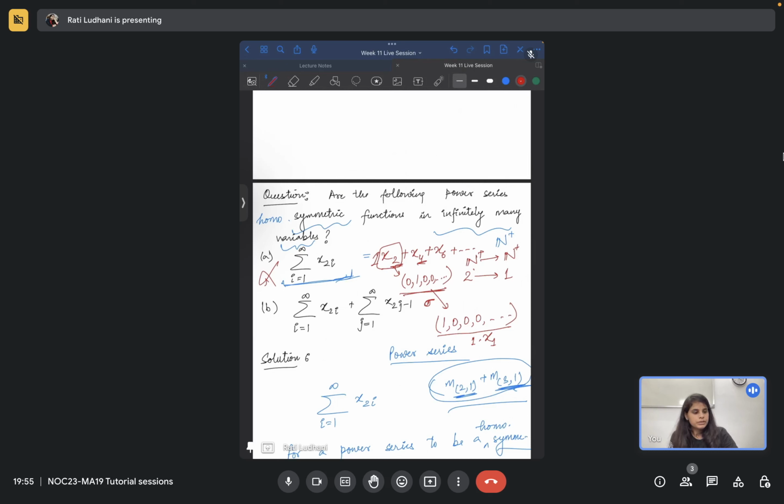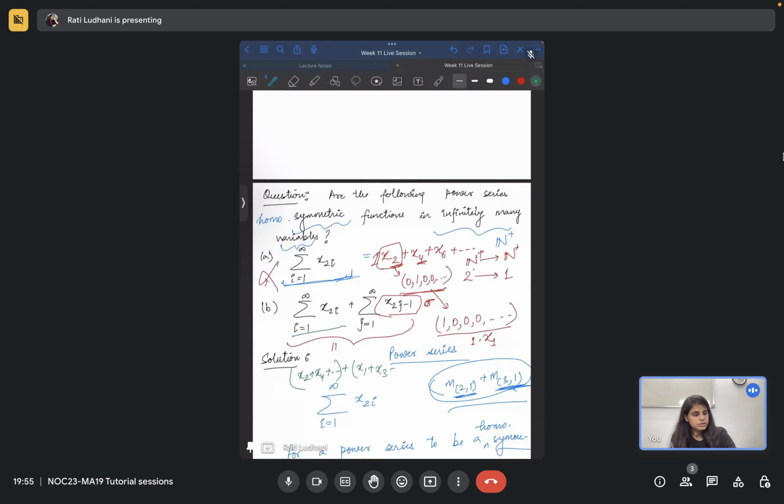Now what about b? You have the summation i equals 1 to infinity of x2i plus the summation of x2j minus i. Now what exactly is this? This summation says x2 plus x4 and so on, and the other one is x1, x3.